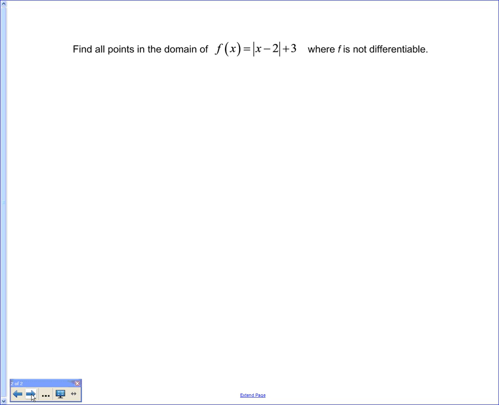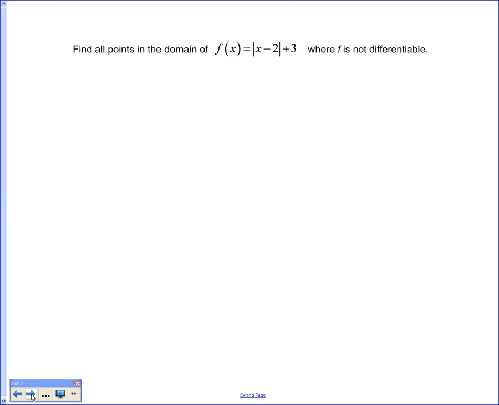Now, from all the points in the domain of f of x equals the absolute value of x minus 2 plus 3, we're going to find those where f is not differentiable. And so what we need to do is perhaps take a look at the curve and see what that curve looks like.